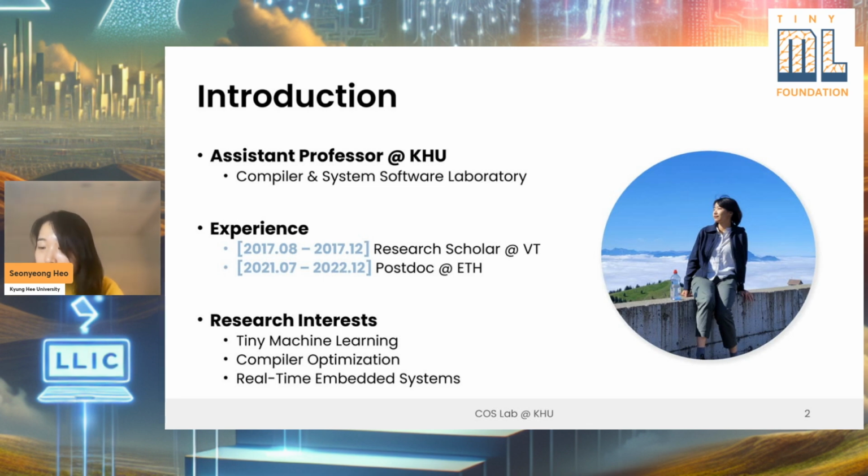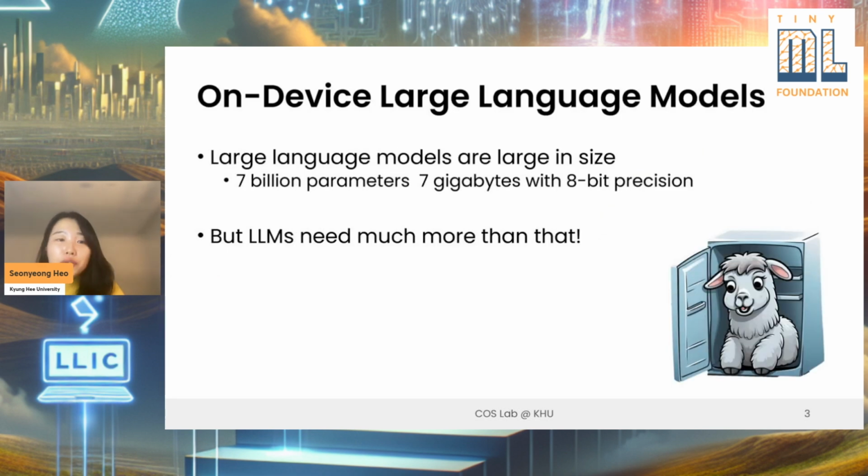My research interests include tiny machine learning, especially for memory optimization, and also compiler optimization for machine learning and real-time embedded systems. Our goal is to enable large language models on small computing systems. We all know large language models are large in size.